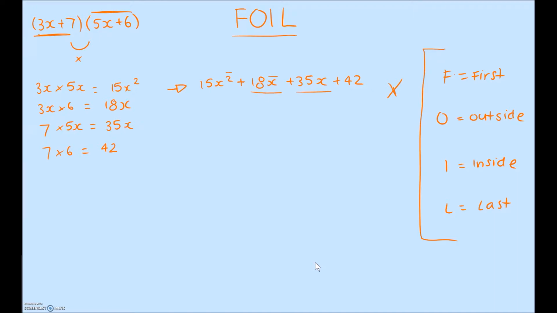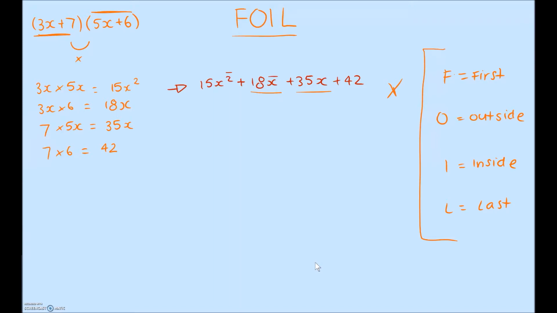To do this, identify which terms are the same, in other words, which possess the same variable. Remember, x squared and just a single x are not the same. X squared consists of two x's multiplied together, while the single x is just one individual digit. So as you have identified, 18x and 35x are our like terms.